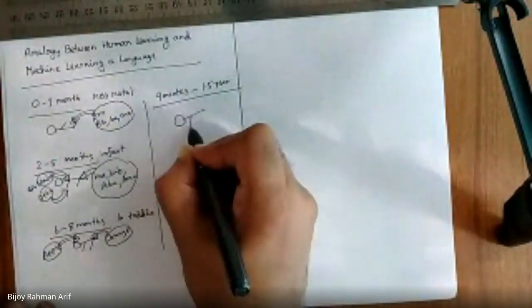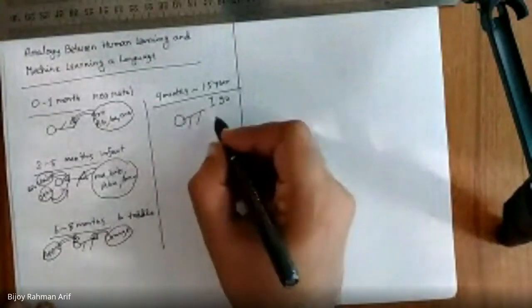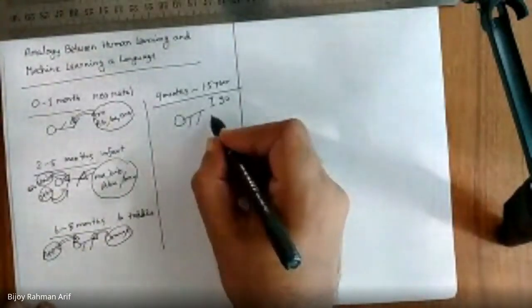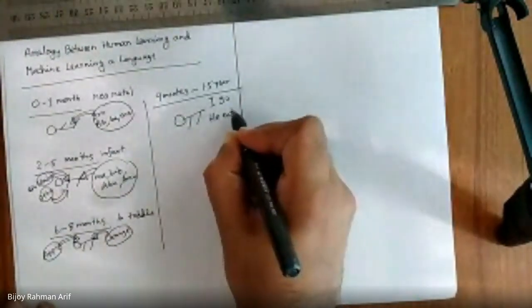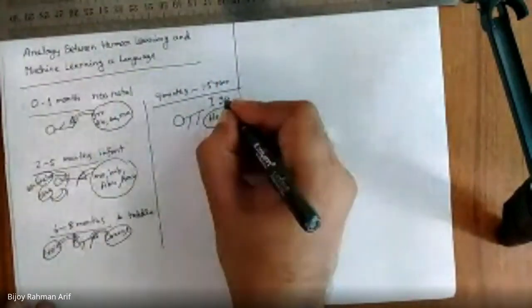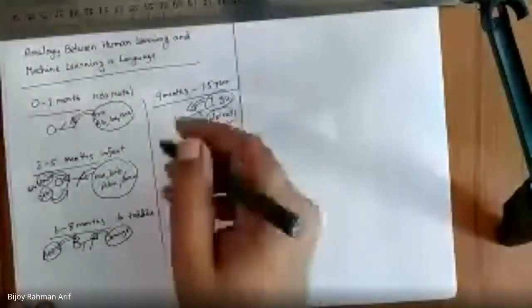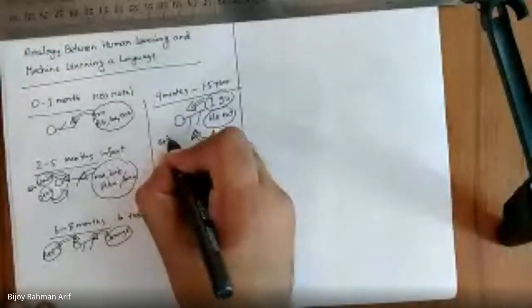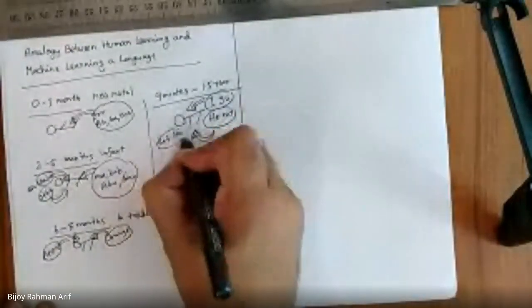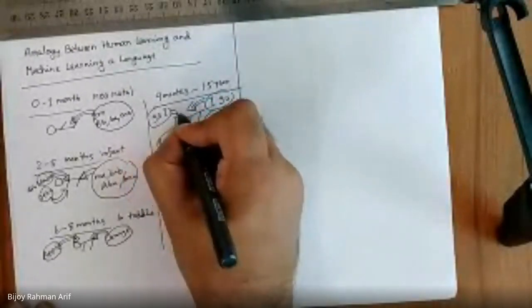They can convey their message like this: I go, then he eat. There might be a lot of grammatical mistakes. Even the sentence structure might not be correct. Maybe they say eat he, go I, those kind of things. But we can clearly understand the meaning, what they want to convey.